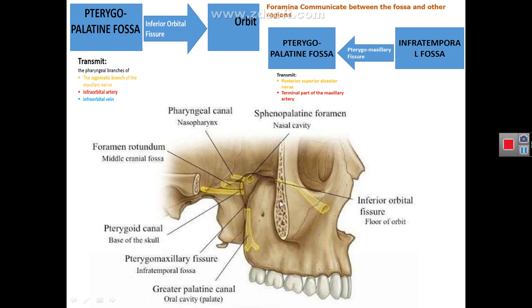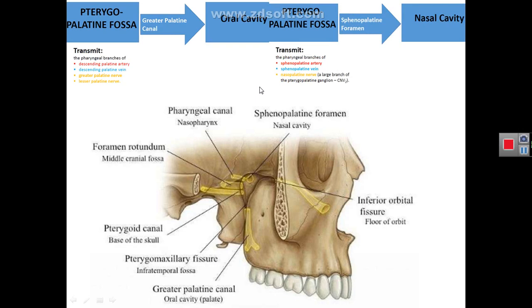Actually, it is easy to remember the connections of pterygopalatine fossa as this figure shows, but it's difficult, at least for me, and I'm a professor in anatomy, to enumerate branches or content that passes through each of these communications. It's very difficult for me to remember what structures each of these connections transmits, as it is shown here.